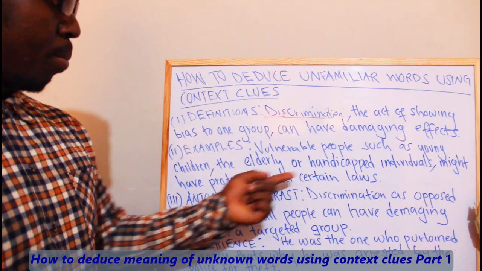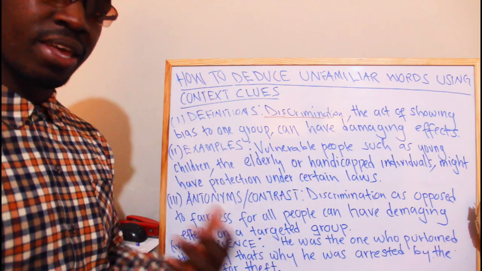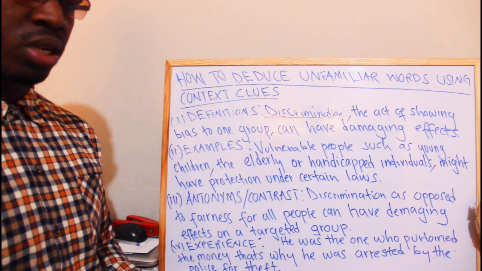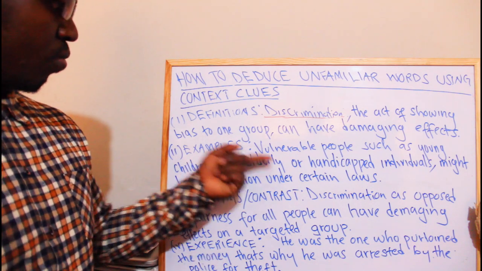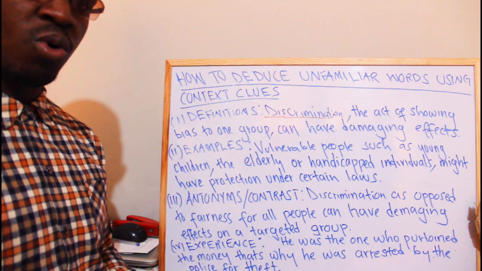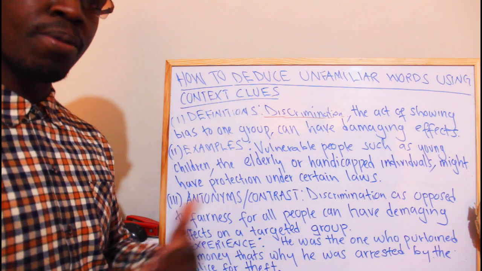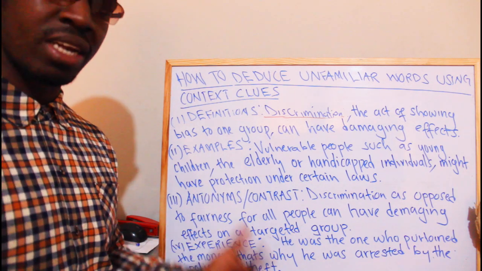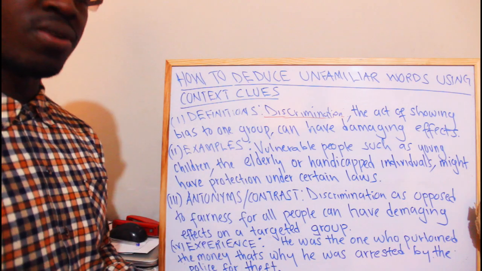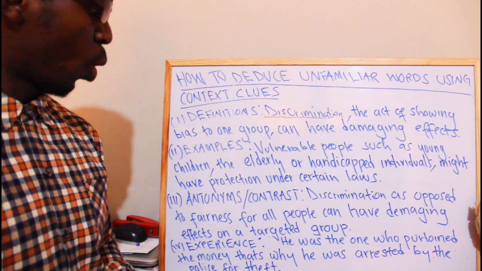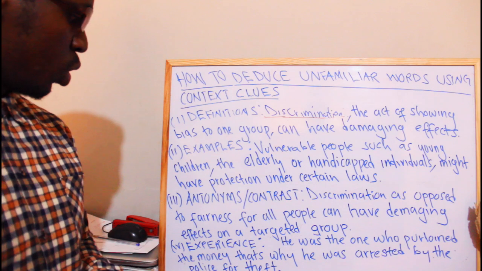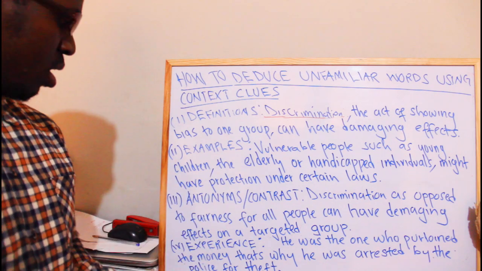So, by these examples that we are given, we can deduce that vulnerable means people that may not stand on their own, or people who are defenseless. The word vulnerable. Okay, we quickly go to the other one.